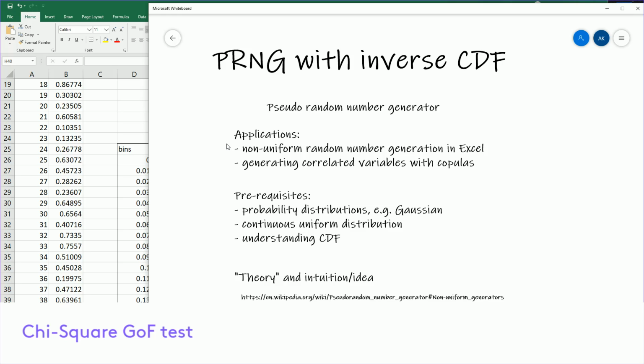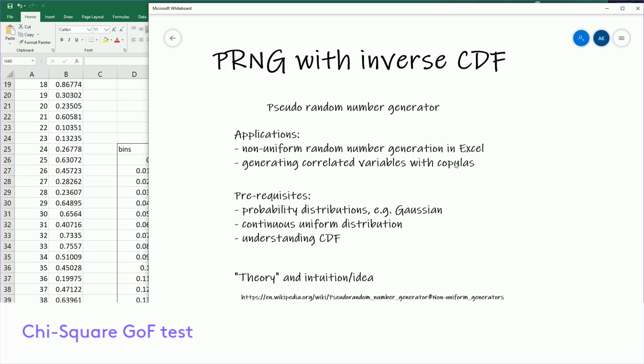But the most common use of this technique in my lectures will be in generating correlated random numbers with copulas. Copulas are a technique which helps to generate correlated uniform random numbers. So the copula generates uniform random numbers.